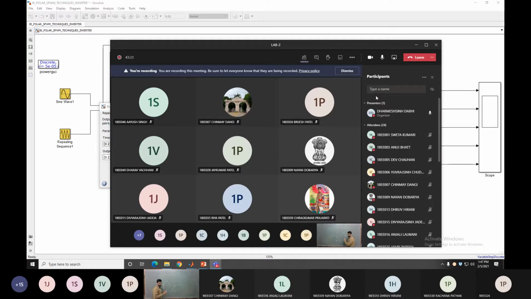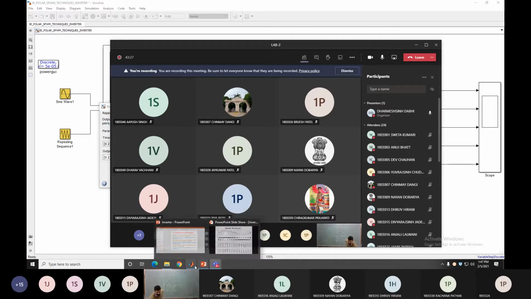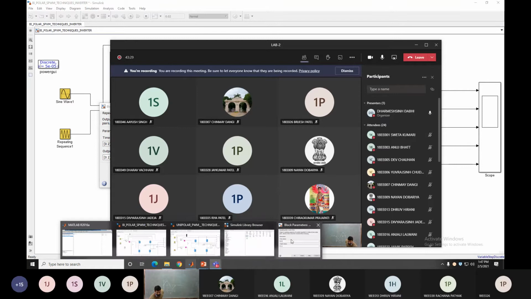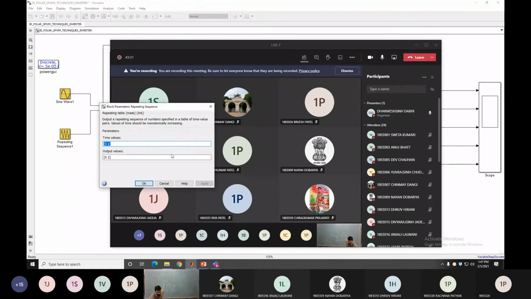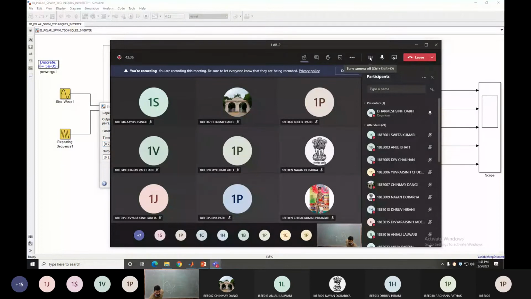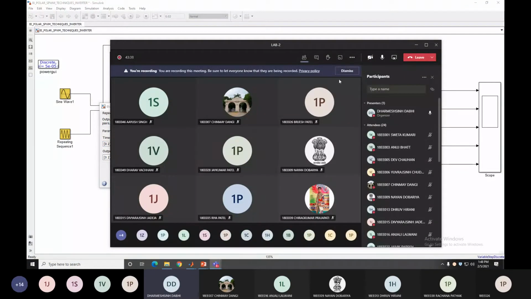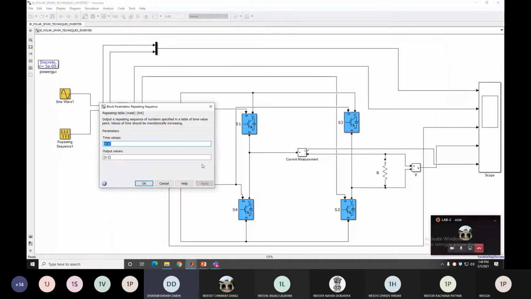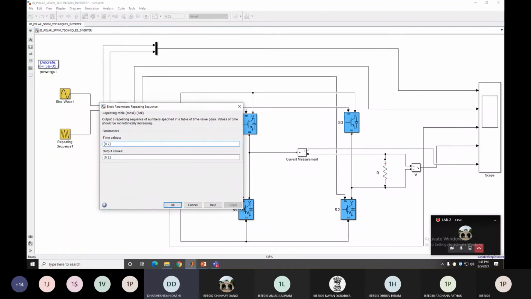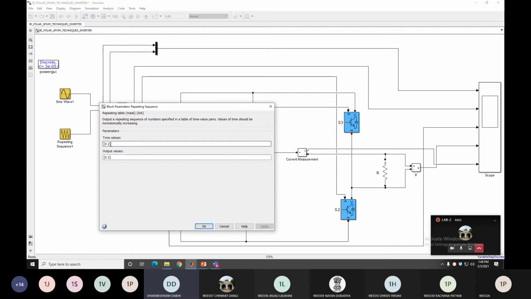So here in this section, you can see the simulation. Now look at the time value in the repeating sequence block.